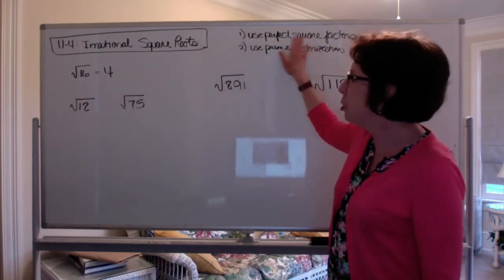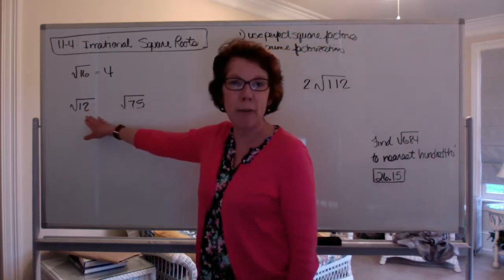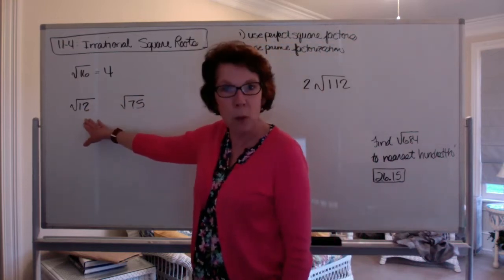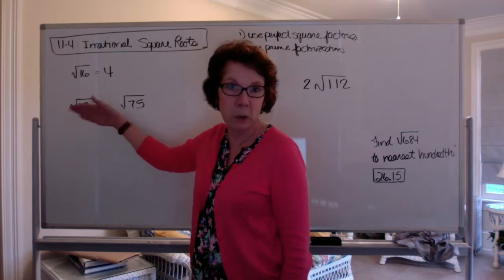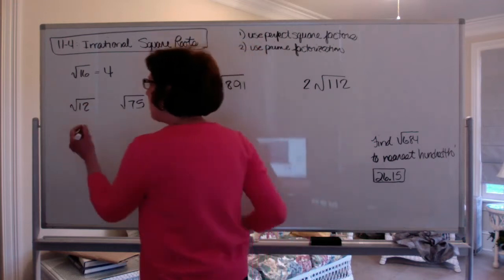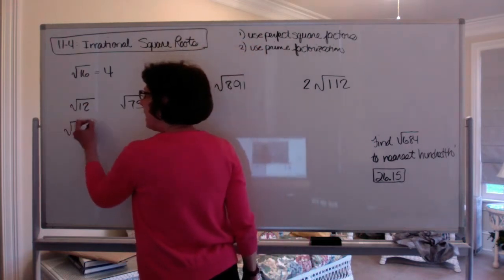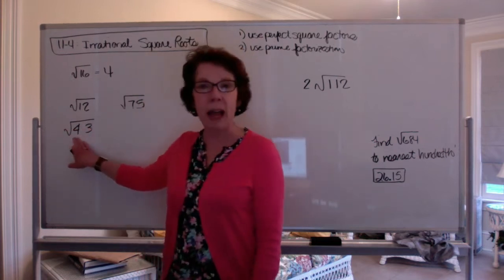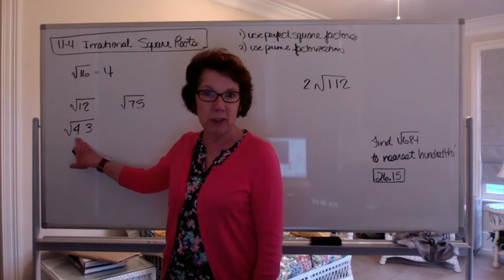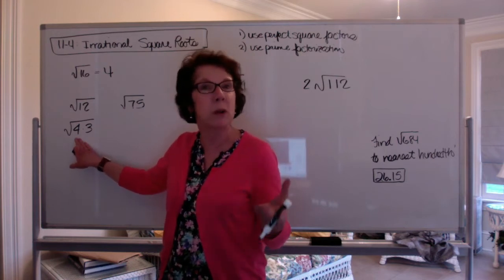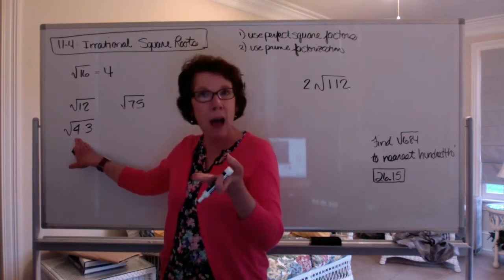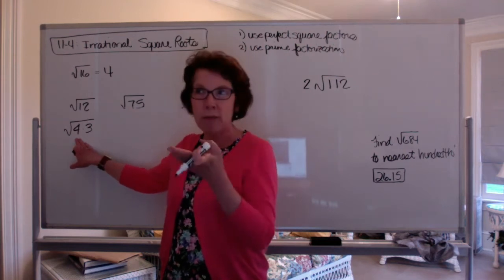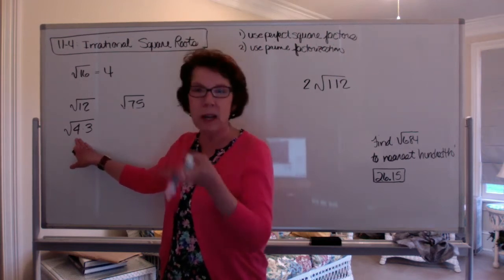I'm going to find the perfect square factors of 12, and there's only one, 4. So I'm going to take the square root of 12 and rewrite it as the square root of 4 times 3. I want to create a factor, if possible, that is a perfect square. Remember, the perfect squares are 1 squared is 1, 2 squared is 4, 9, 16, 25, 36, 49, 64, and so on.